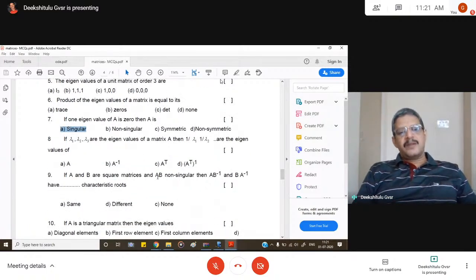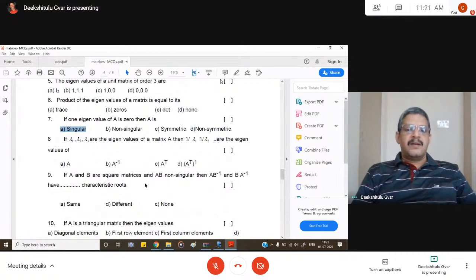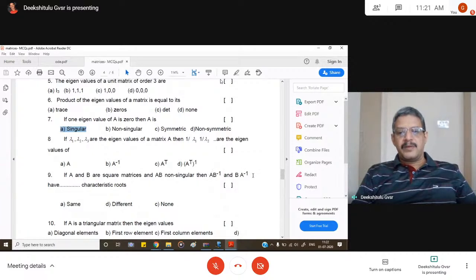If A and B are square matrices and A is non-singular, then AB and B into A inverse. It should actually be, this is spelled wrong, A inverse B into B and B into A inverse. This is A into B inverse.